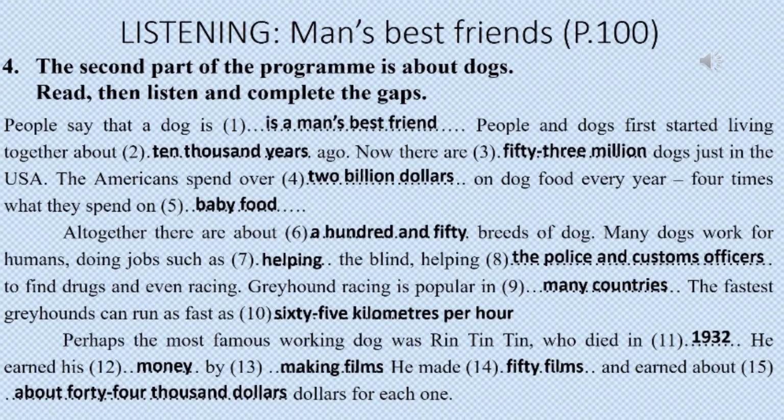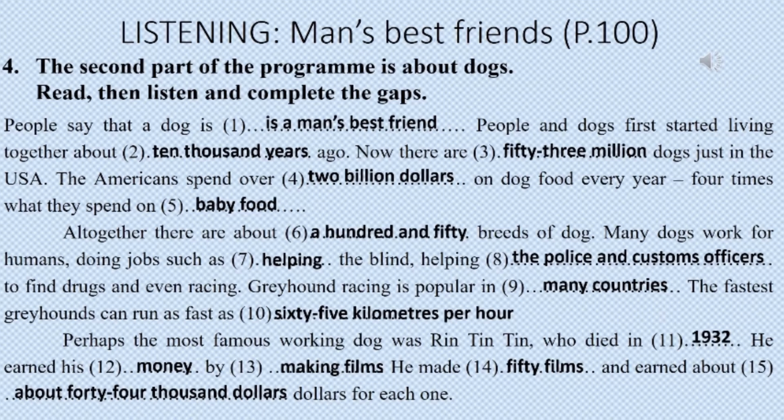Number 4, $2 billion. Americans spend around $2 billion on dog food every year. Number 5, baby food. That's 4 times more than they spend on baby food. Can you believe it? Number 6, 150. There are about 150 breeds of dogs.